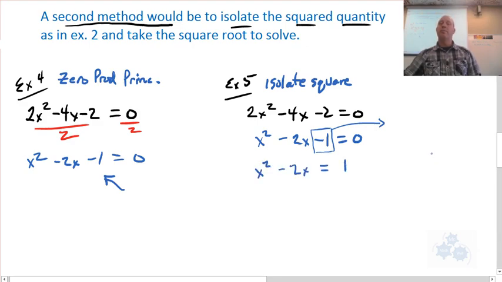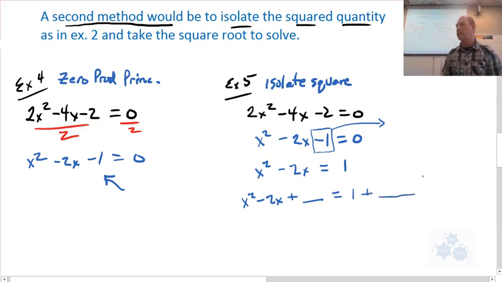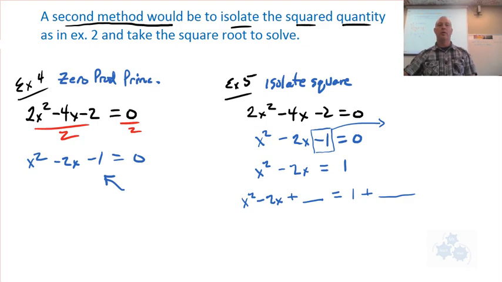It equals 1. So I'm going to complete the square by doing x squared minus 2x plus something on this side of the equation. And then here's a slight difference. I'm going to add the same thing on the other side of the equation. So I'm going to get the constants on the other side. Slight difference from last chapter. But you'll see that this will work pretty well.